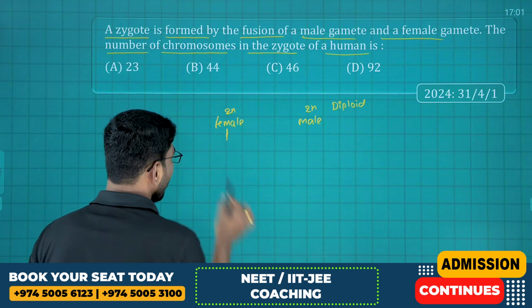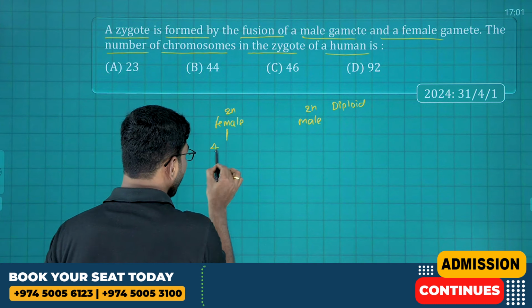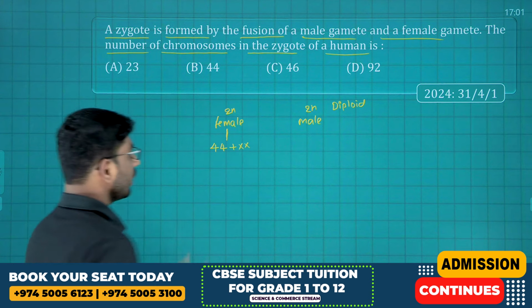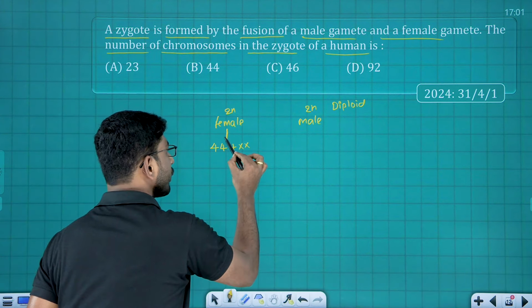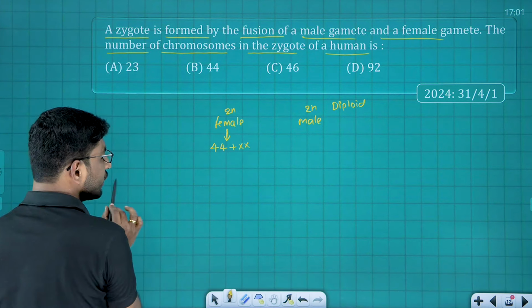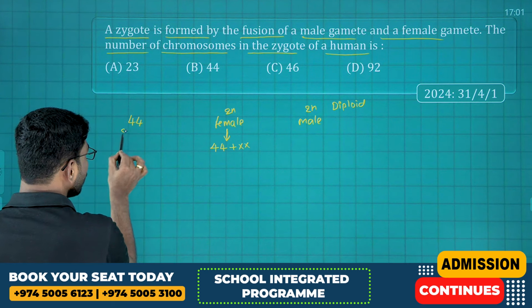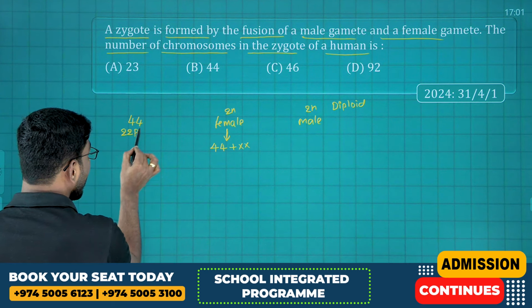Let me write here: 44 plus XX. This is the karyotype of a female. 44XX. What is this 44XX? Remember all of you, 44, I can also write as 22 pairs.